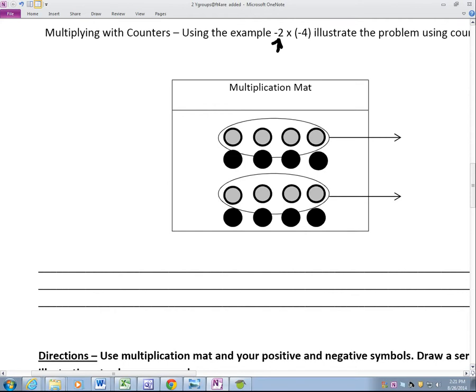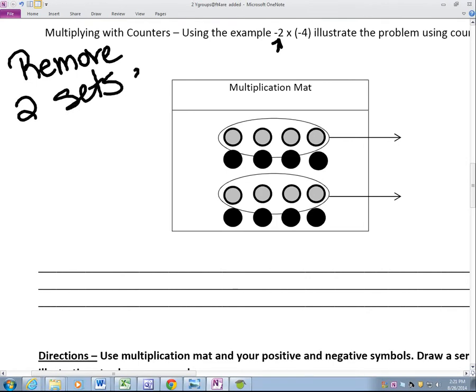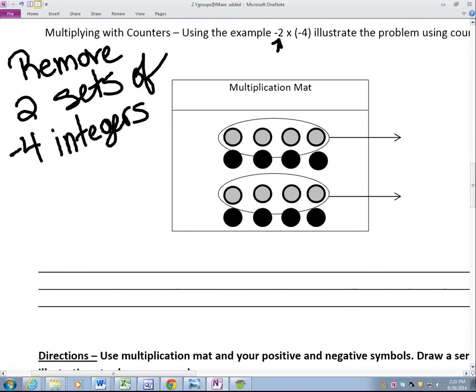So what do you think we're going to do? Subtract, yes. So we are going to remove 2 sets of -4 integers.